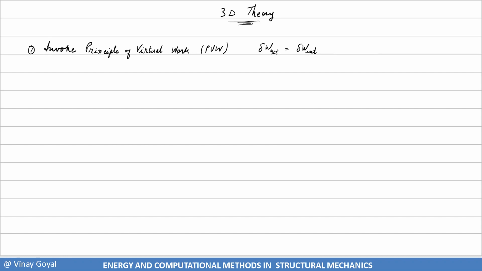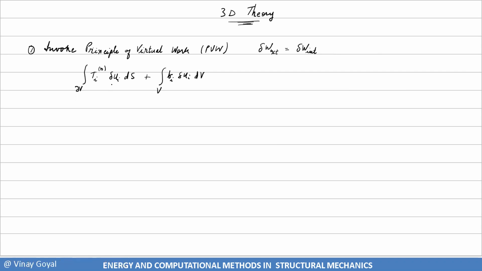Every time that you do this, you will have to write all the terms. And all the terms look like this: the integral of Ti n del ui dS, plus the body forces Bi del ui. Again, you don't have to memorize any of this, because you should know that tractions moving through the virtual displacements gives you a virtual work quantity.